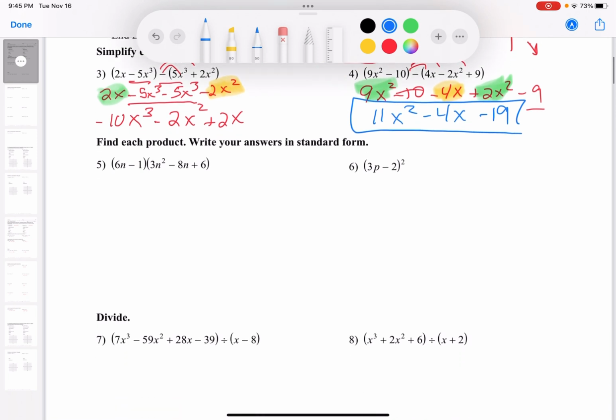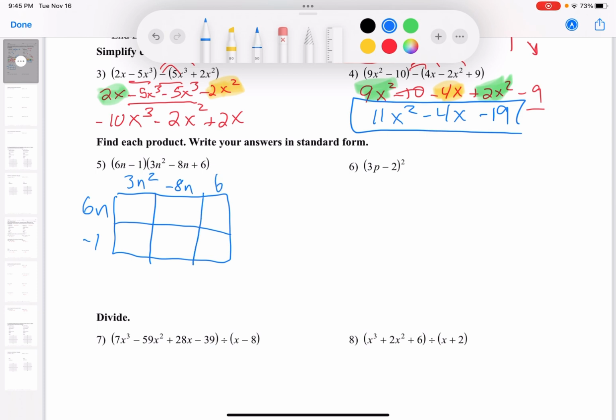Question number 5. So we've got a binomial and a trinomial, so I'm going to do the Punnett squares. So this is 6n, this is negative 1. 3n squared minus 8n. And 6. So I multiply 6n and 3n squared. That gives me 18n cubed.